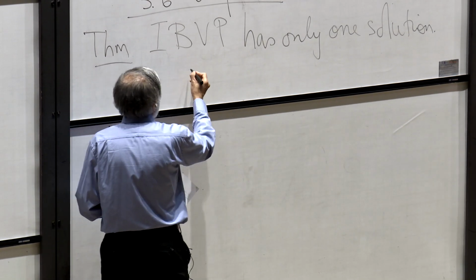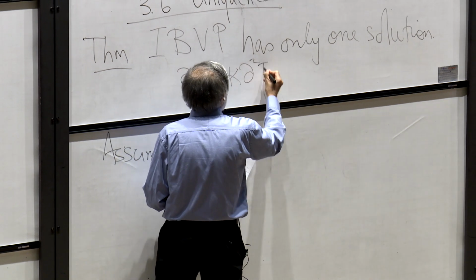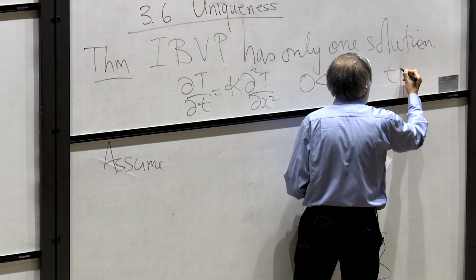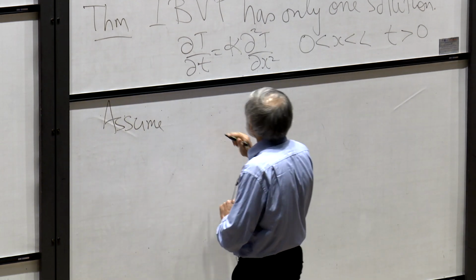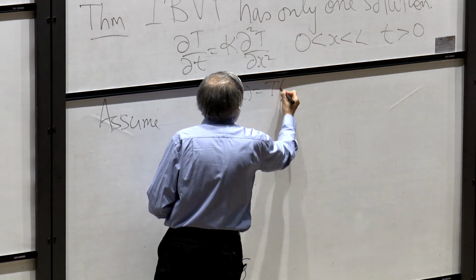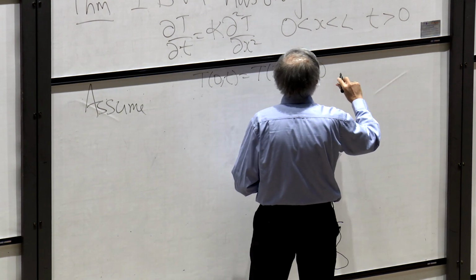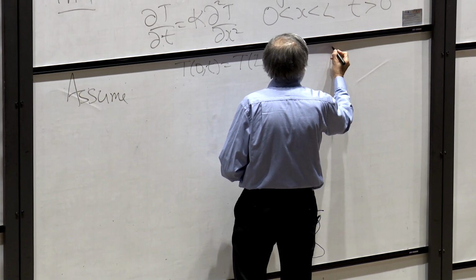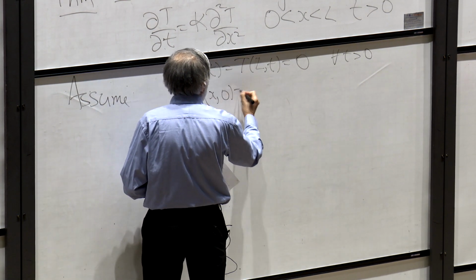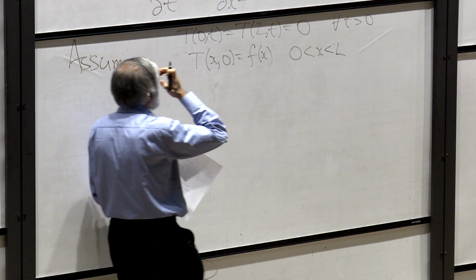so we'll start off with the problem ∂T/∂t equals kappa ∂²T/∂x², 0 less than x less than L. So it's the problem now, this is the third time we'll have written down this problem, and assume that T(0,t) equals T(L,t) equals 0 for all t bigger than 0, and initial conditions T(x,0) equals f(x) for 0 less than x less than L. Okay?